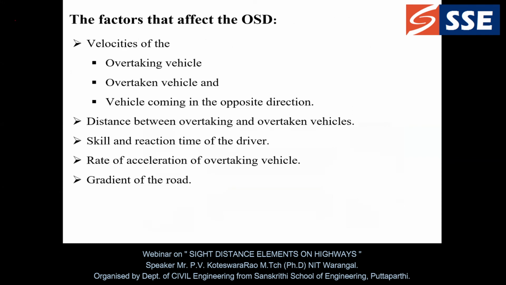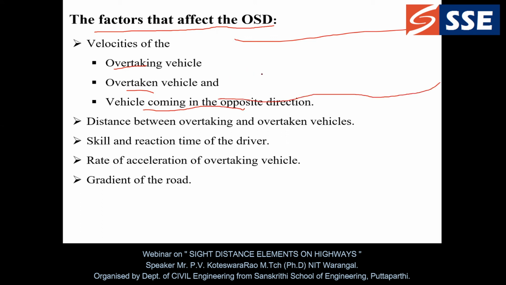So what are the factors that affect the overtaking sight distance? One is the velocities of three vehicles. Please observe: the overtaking vehicle, the overtaken vehicle, and the vehicle coming in the opposite direction. Here, this is the road surface, and this is the margin.